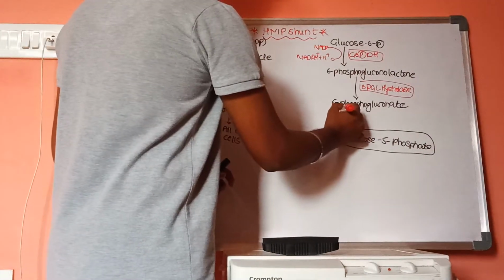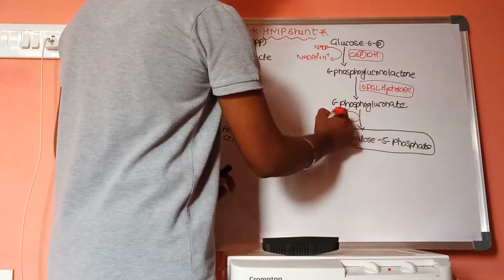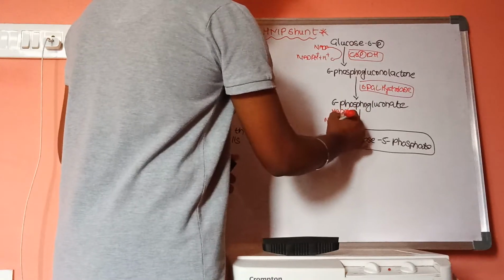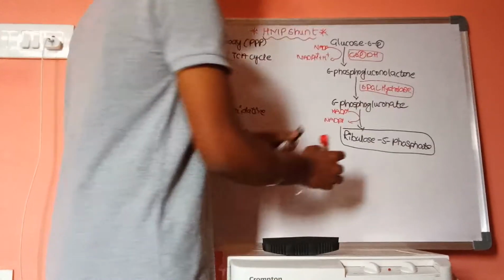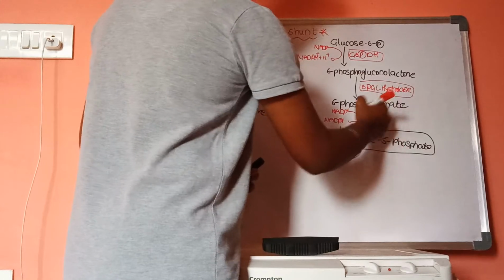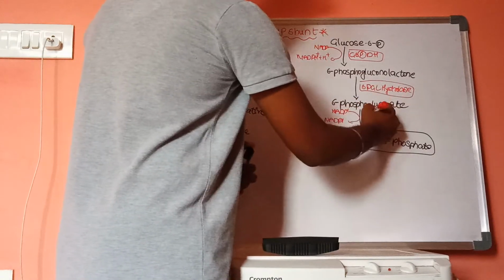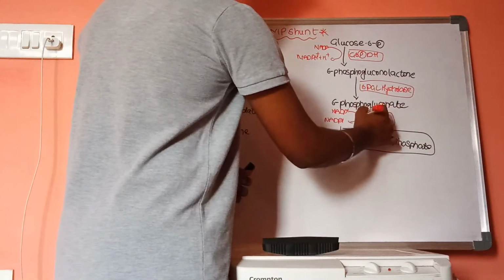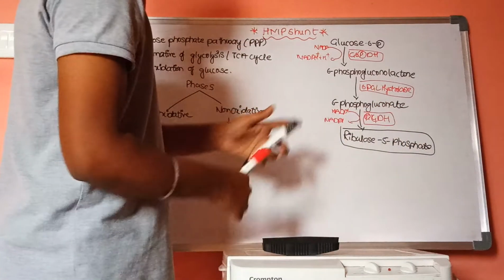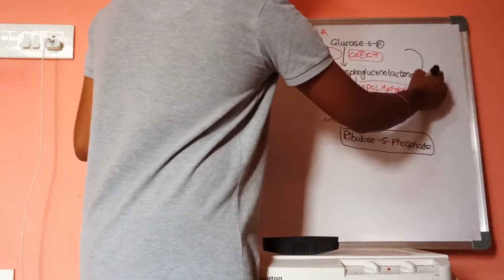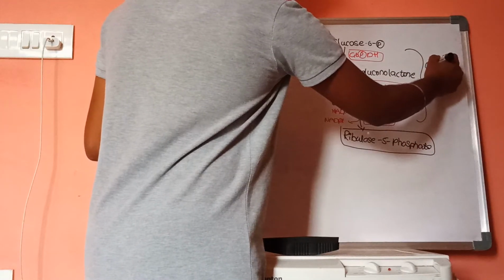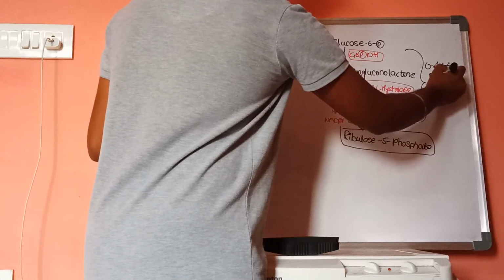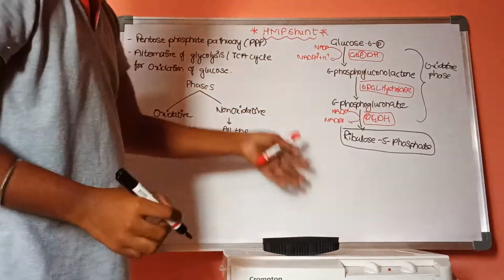Here NADP will get converted into NADPH plus H plus with the help of the enzyme phosphogluconate dehydrogenase. This is the oxidative phase.